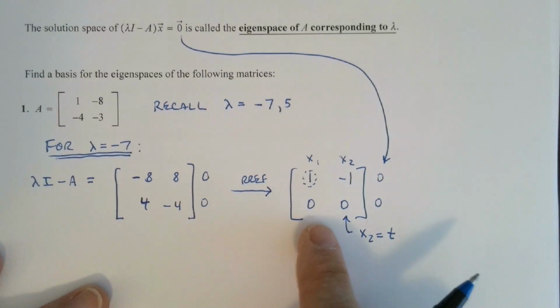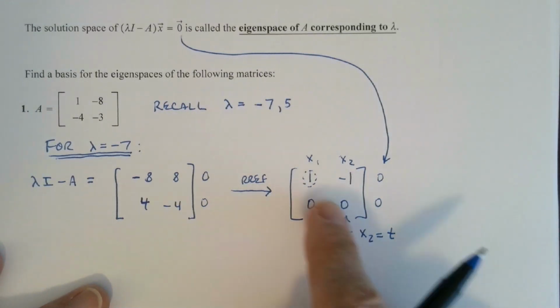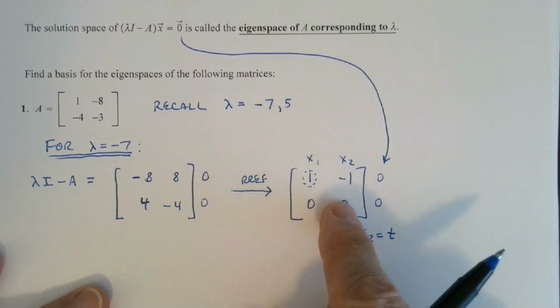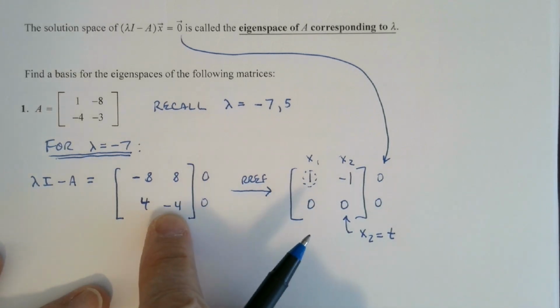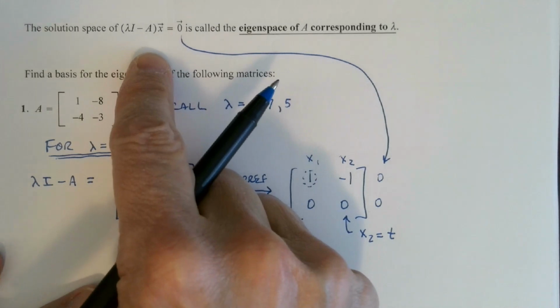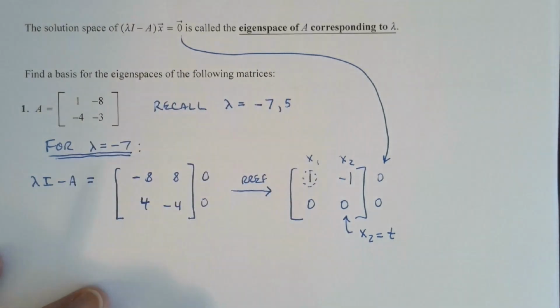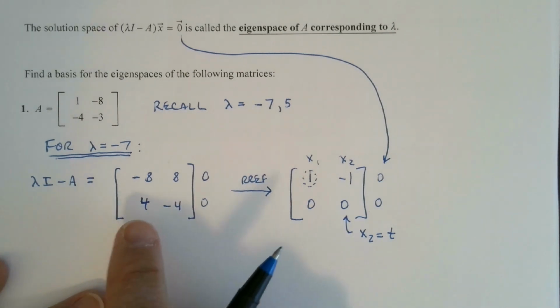If you end up with the identity matrix here for the reduced echelon form, that means your original matrix was invertible, which means this system has only the trivial solution, which means you've messed up. You can't have that situation.